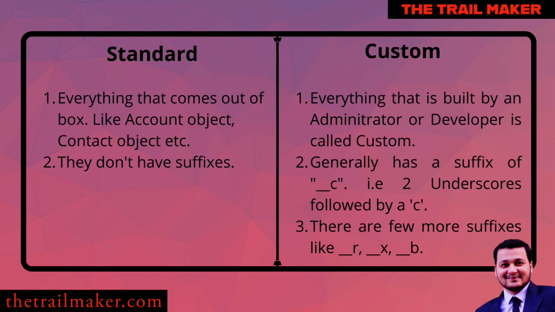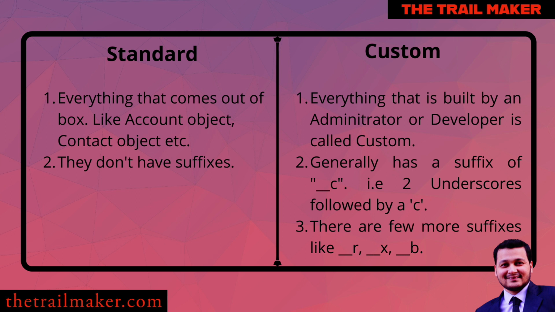A general thumb rule: anything which is standard would have the API name without any underscores and C in the end, whereas anything custom generally would have a double underscore followed by a C in the end. So that's a way of differentiating between standard and custom.